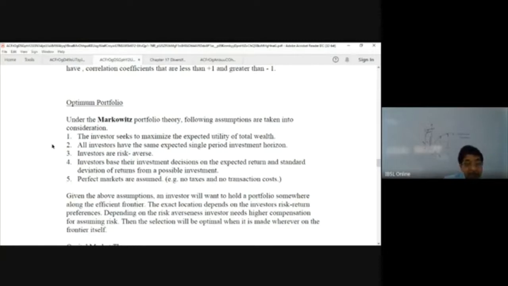And the other assumption is all investors have the same expected single period investment horizon. Now, depending on the requirements and their choice, the investment horizon may be different with each investor. Whereas in this Markowitz theory, we assume that all investors will have the same investment horizon.